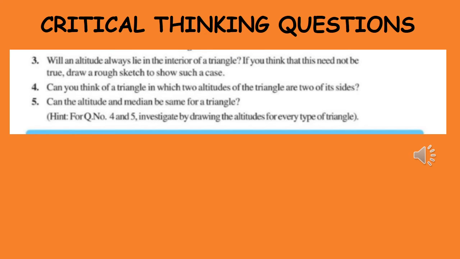That means acute angle, obtuse angle and right triangle, and see what result you get. Next question, can you think of a triangle in which 2 altitudes of the triangle are 2 of its sides? This also has been discussed. If you try to draw, you will get the answer.